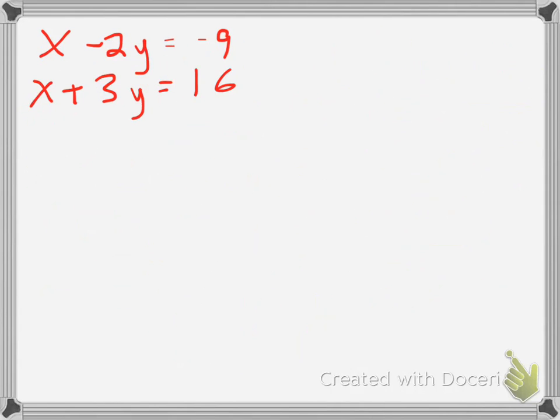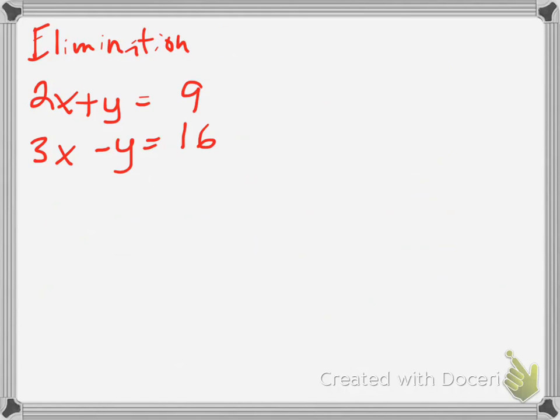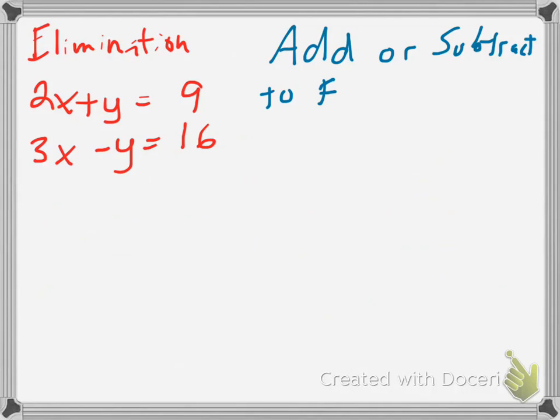Now the next example that I want to do is using something called elimination. I'll just do this one here since it's already there. With elimination, you could add or subtract both equations to eliminate one of the variables. That's why they call it elimination. Miss Seidel came up with something very slick.